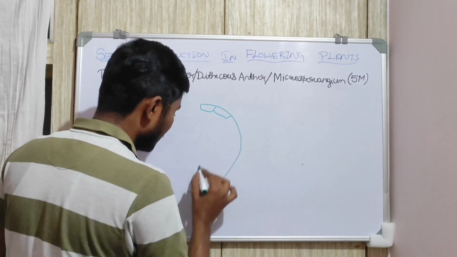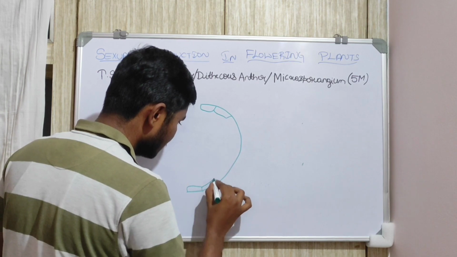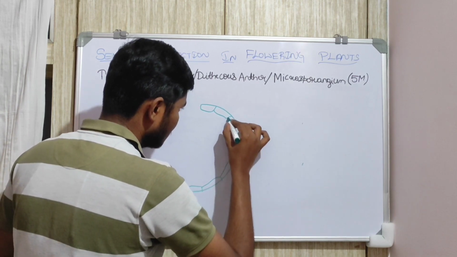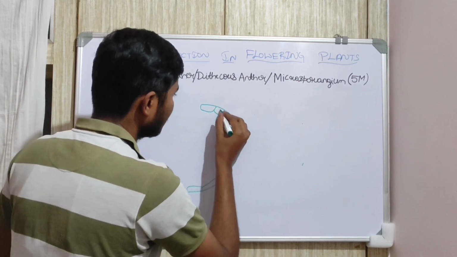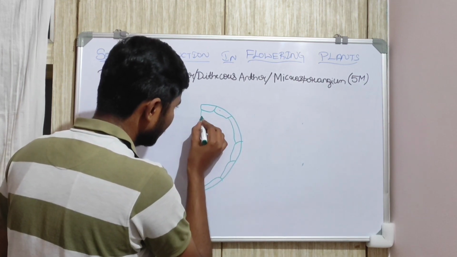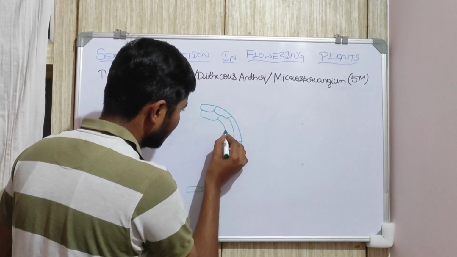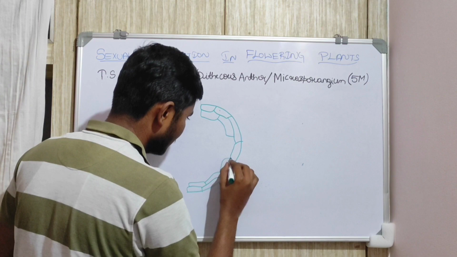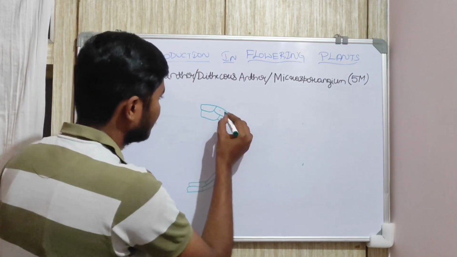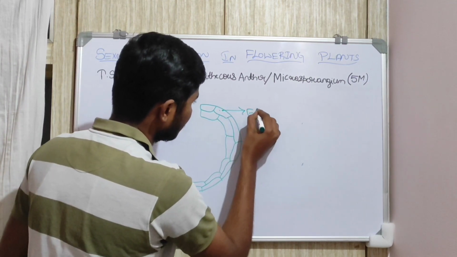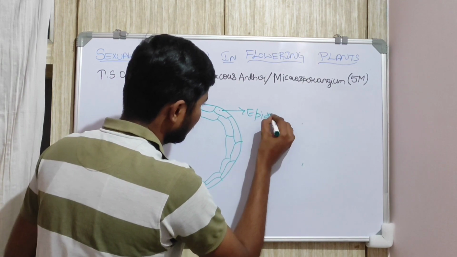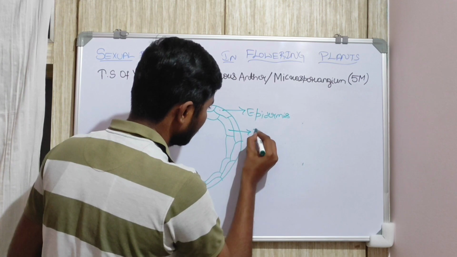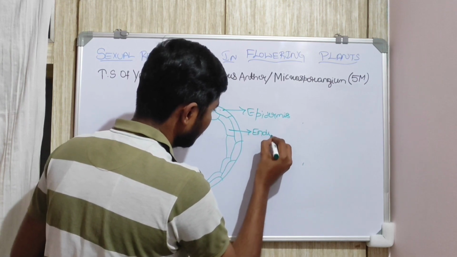It is made up of a single layer. Inner to the epidermis, there is another single layer called endothecium. First outermost layer is epidermis, next endothecium.